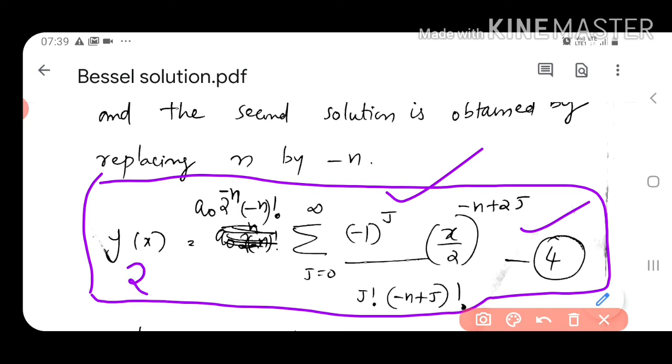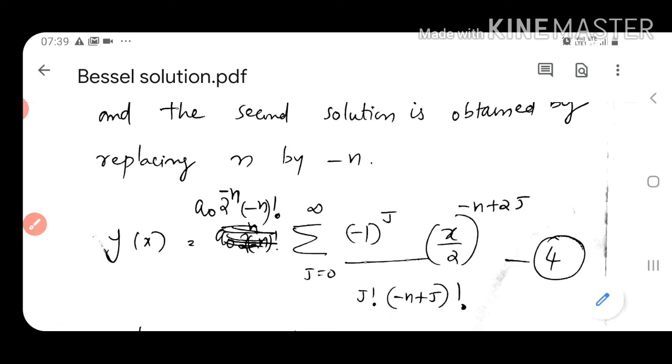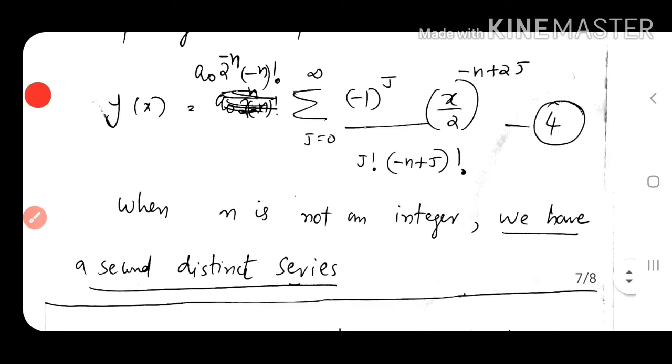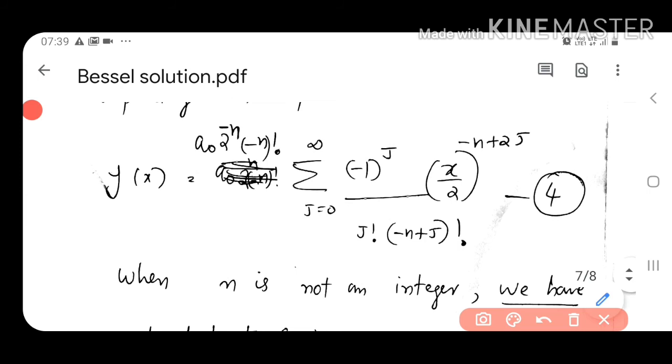Okay. And if n is not an integer, then this is a distinct series.